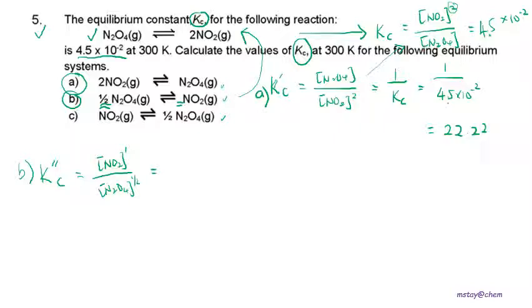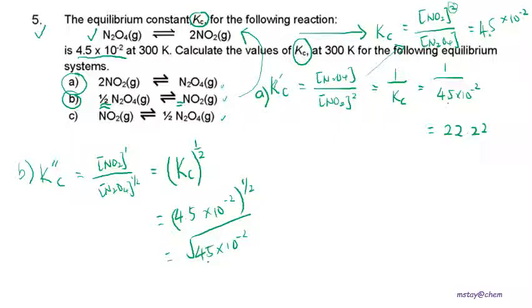So this one is the Kc above with the power of 1/2. The Kc given is 4.5 × 10^-2, so with the power 1/2, it is actually the square root of 4.5 × 10^-2. When you press the calculator, you will get the answer 0.212.